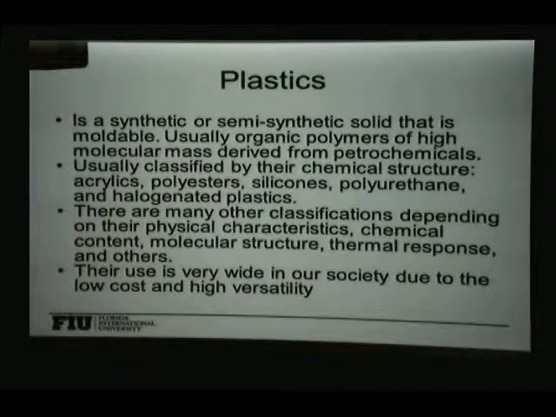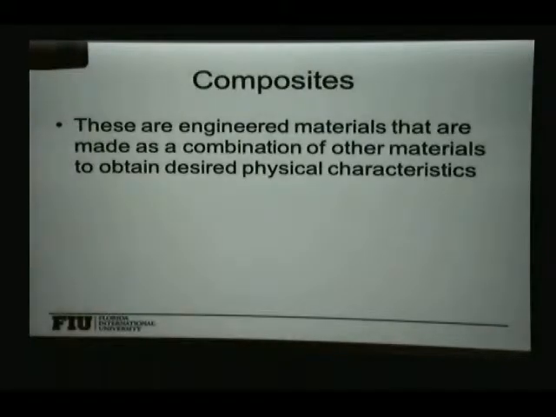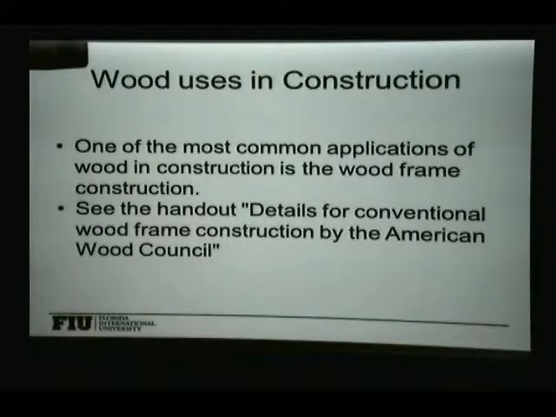So they have different strength, different physical characteristics, colors, and so on that can be used also in construction. And composites are materials that have a combination of other materials to create an element that is used in construction.